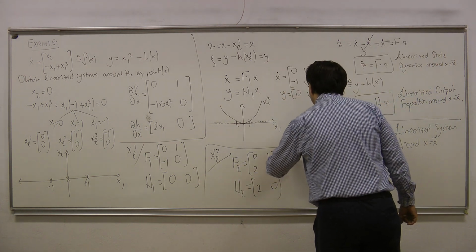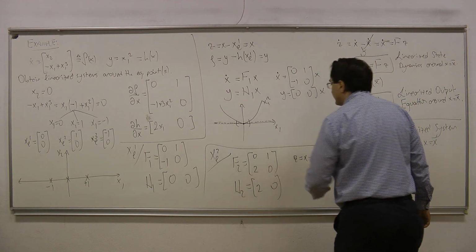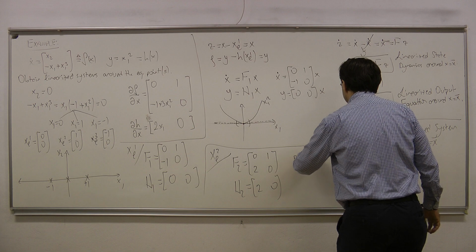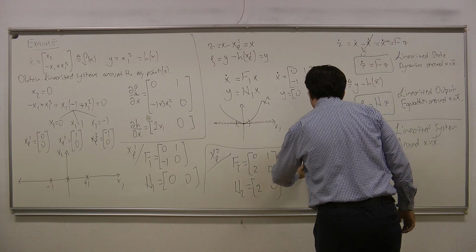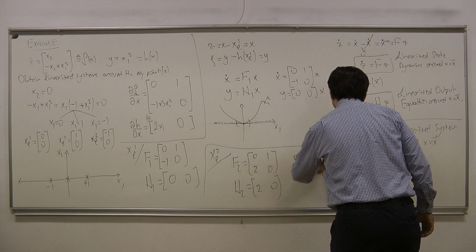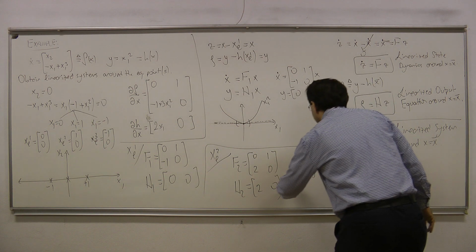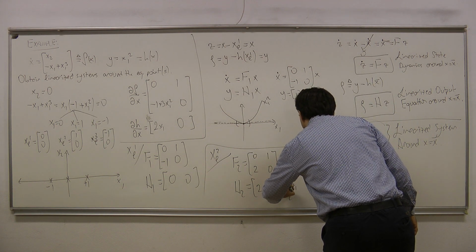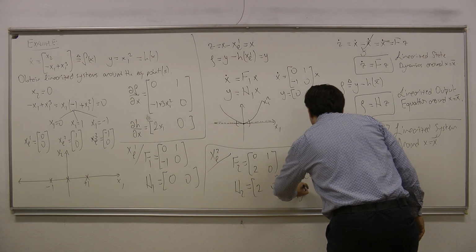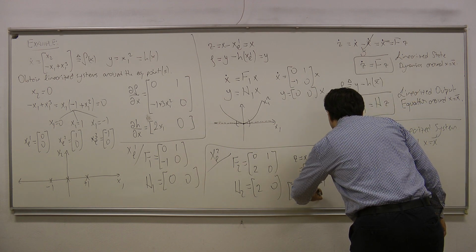And I will look at my new state variables. Z equals X minus XE2. Okay? And that gives me X1, X2 minus 1, 0. So we see that the new state variables, Z1, Z2, would be equal to X1 minus 1 and X2.